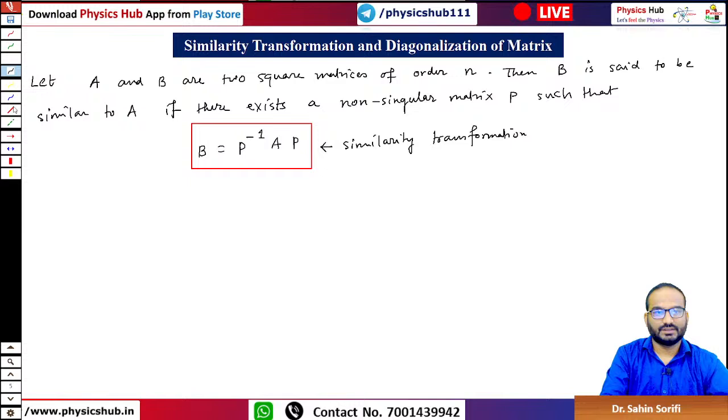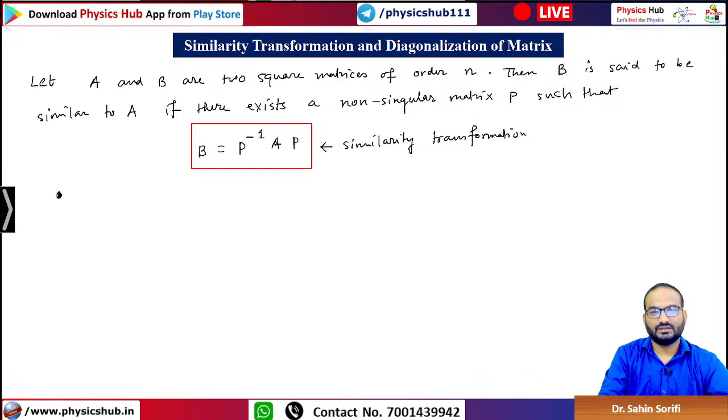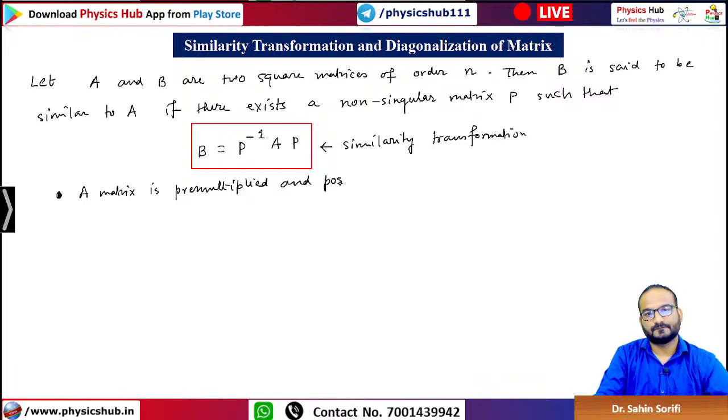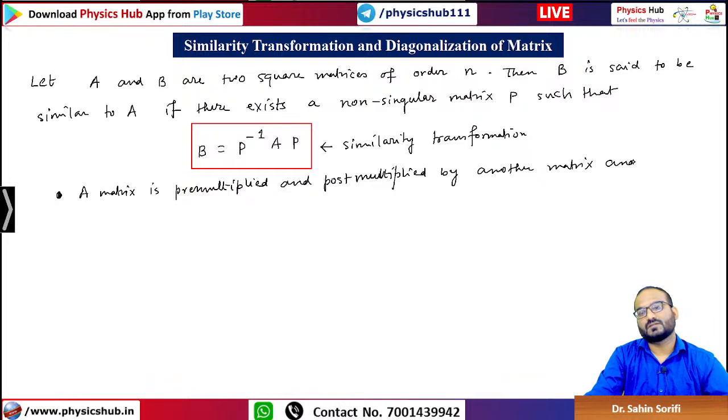So what you have here in the case of similarity transformation, you see a matrix has been pre-multiplied by some matrix and post-multiplied by another matrix and its inverse.